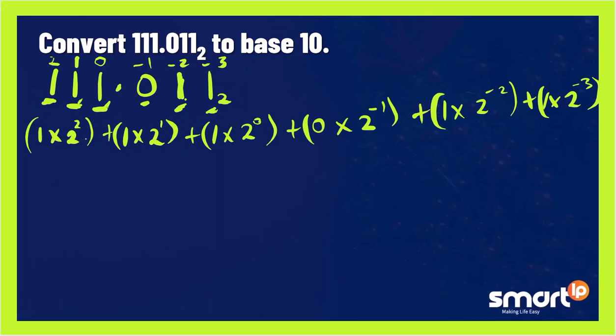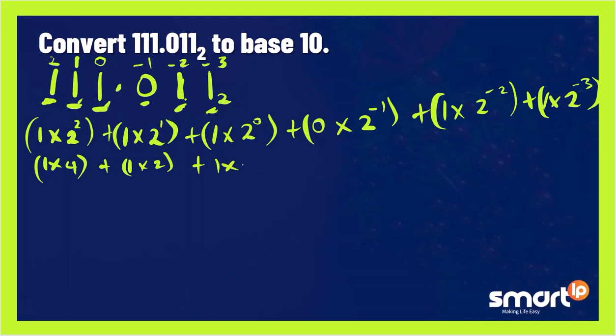Okay, so 2 raised to the power 2 means 2 times 2. That will give us 4. So we have 1 times 4 there. Then plus 2 raised to the power 1 is going to give us 2, because any number raised to the power 1 is going to be the same number. So we have 1 times 2 there. Then plus 2 raised to the power 0, that is 1. Any number raised to the power 0 is going to give us 1.